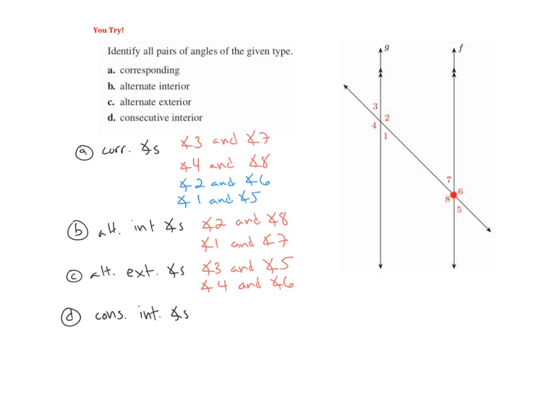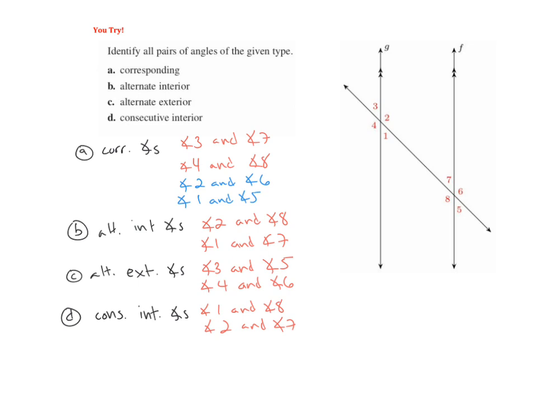So here's the transversal. 1 and 8 are on the same side, as well as 2 and 7. So let's write that down. We have angle 1 and 8, and we also have angle 2 and angle 7.